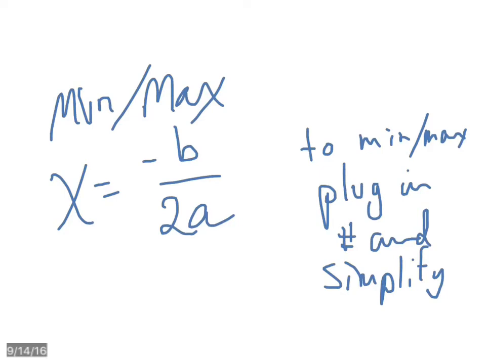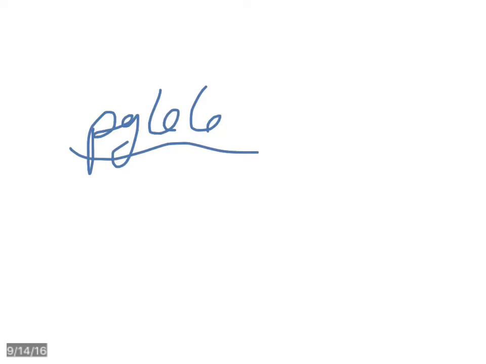All right, to practice this, if you go to page 66, did you get it? Are you sure? Okay. On page 66, just to kind of walk you through some of the stuff on here.